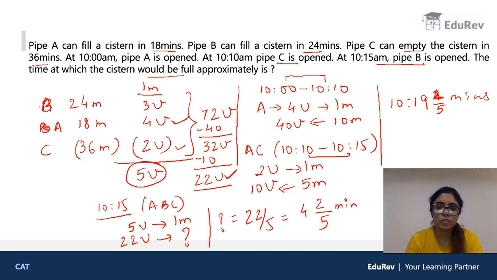Because at 10:15 all 3 were working, then after that they took 4 2 by 5 minutes extra. So the time is 10:19 2 by 5. They are asking you the approximate time, so the approximate time can be written as 10:20. So 10:20 is the approximate time at which the cistern will be full.